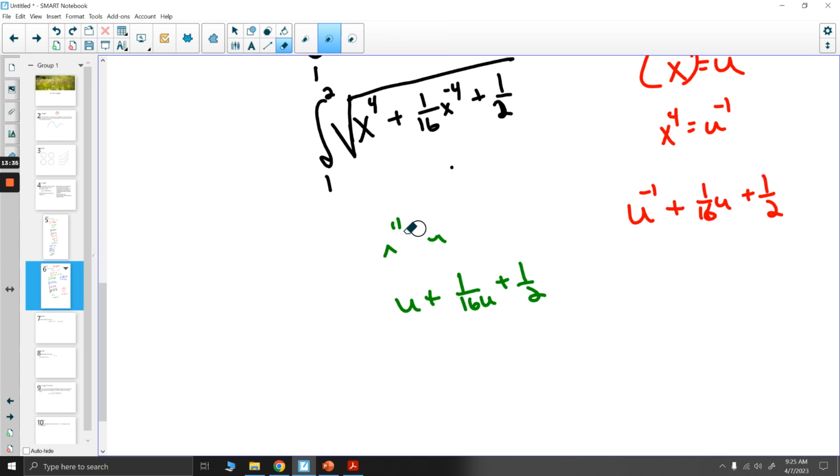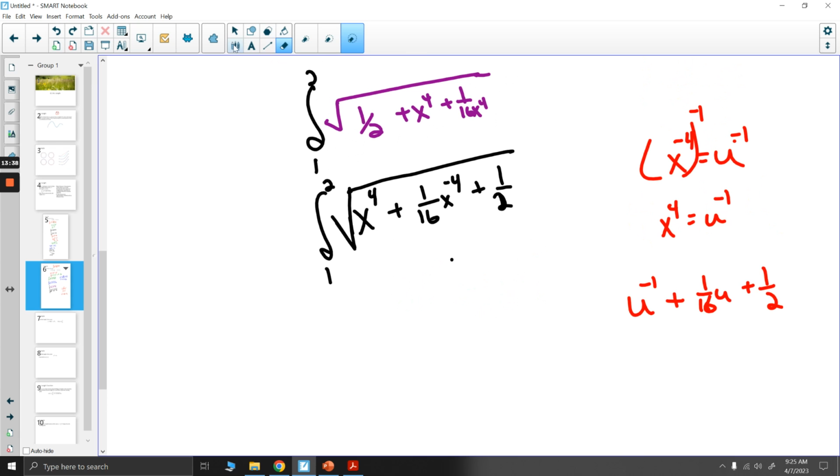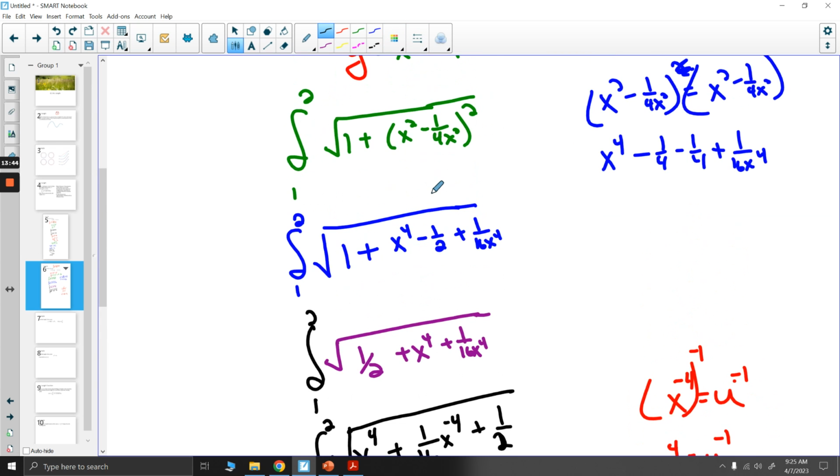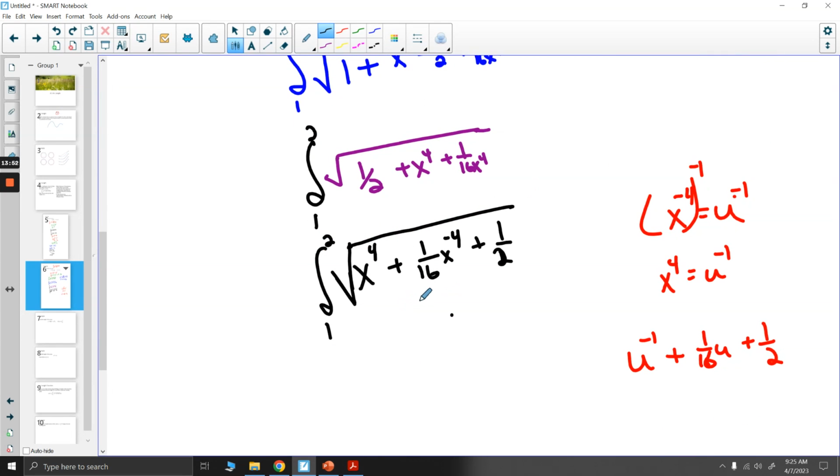So these are not working out, and that is one of the joys of this stuff: sometimes you do some cleanup work and then you're just kind of stuck dealing with the mess that we've created. Anyway, now I'm going to just combine these things. This is x to the 4th over 1 plus 1 over 16x to the 4th plus 1 over 2.